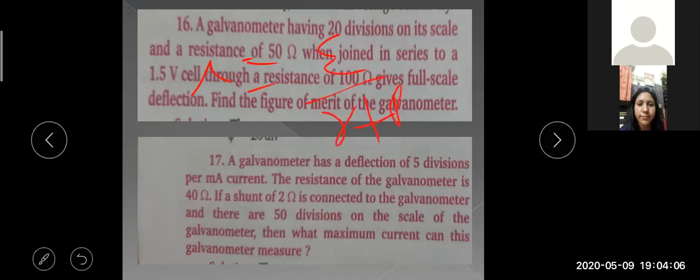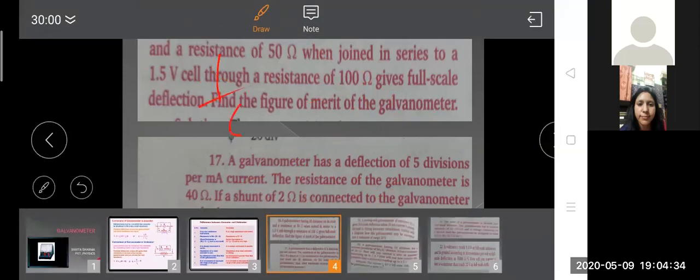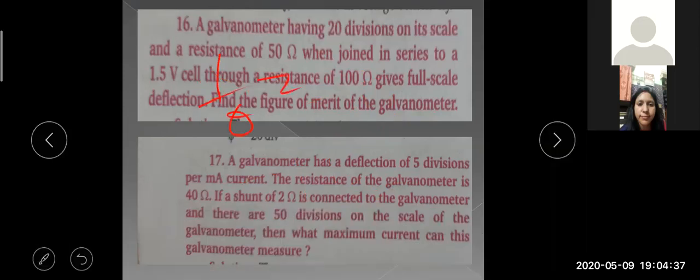E is 1.5 volt, and the resistance is 50 ohm plus 100 ohm, so it is 150. On solving this, we will get the value of current. Figure of merit is given by I upon phi, where I is the value of current and phi is 20 divisions.